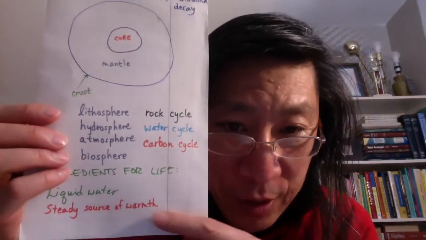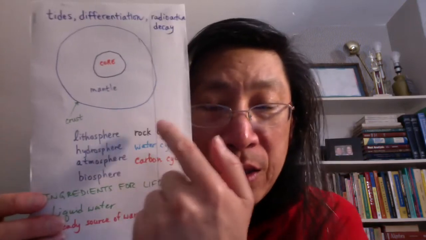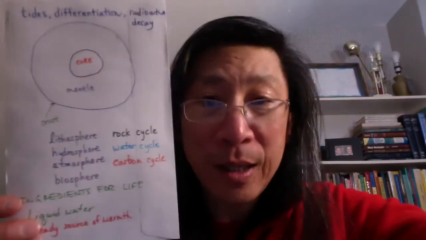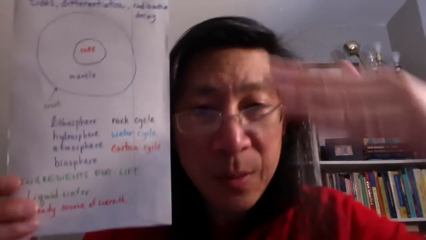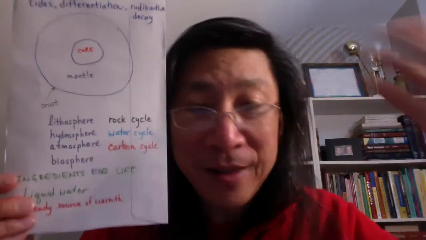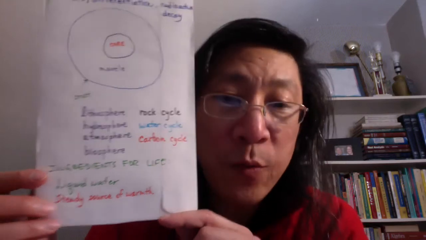If I were talking specifically from science, I would want a steady source of heat that, when it reached the surface of whatever planet I'm looking at, in this case the Earth, is the right amount to keep water liquid. And that's really, really important, right? So do we have that steady source of warmth?